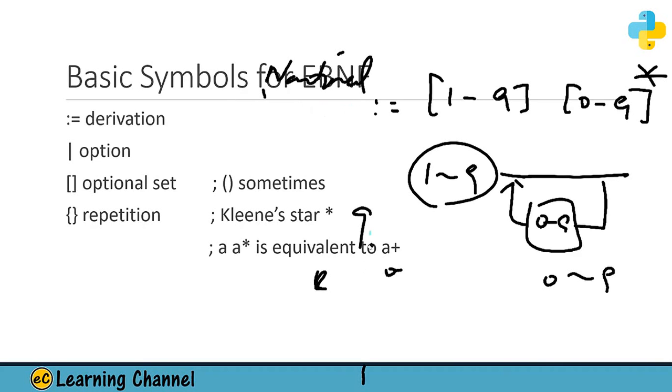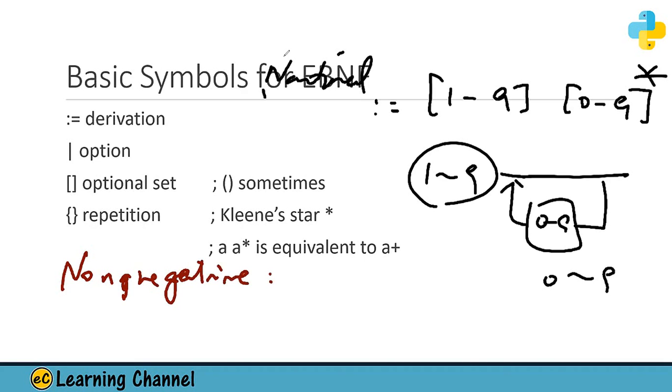So let's look at non-negative integer. A non-negative integer should have a leading 0, or maybe this 0 will get out, because if you have a 0, you won't continue. You will be finished over here.